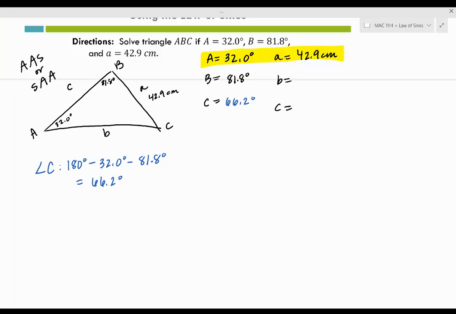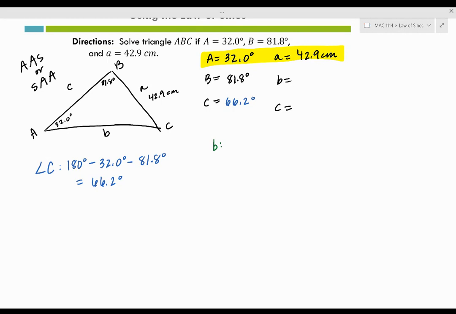Let me change my color. All right, so I'm going to find little b, and I'm going to use the law of sines to find it. In order to use the law of sines, you have to already have a combo and then equate it to another proportion. I have the combo for A. Remember, whatever you're looking for needs to be in the numerator.